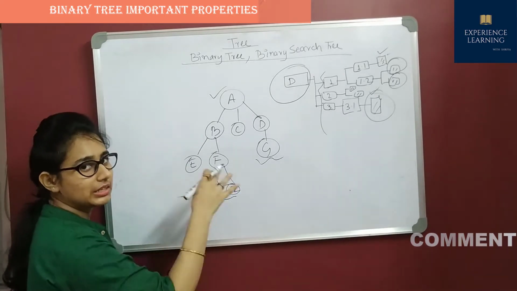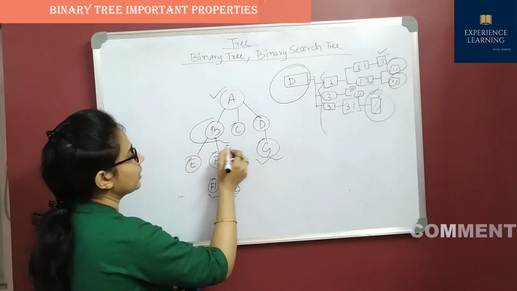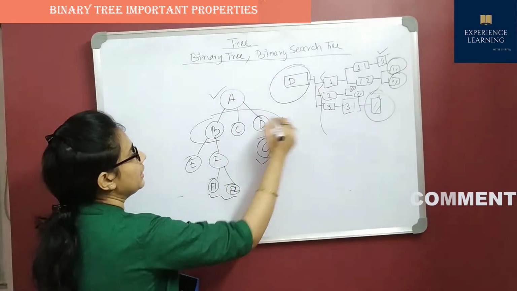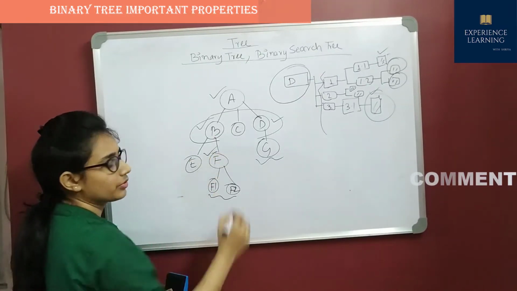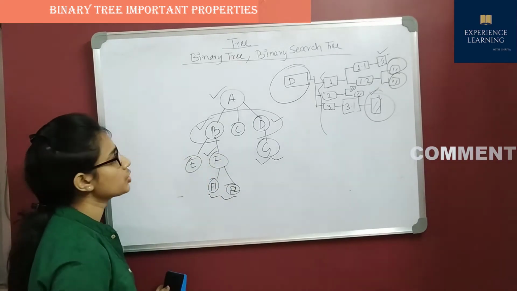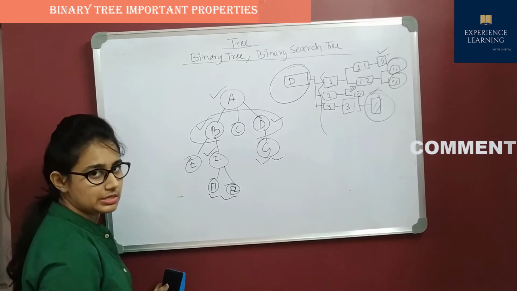C is also a leaf node, and D, B, F are the internal nodes. This is the definition of a tree. Hope you can understand it.